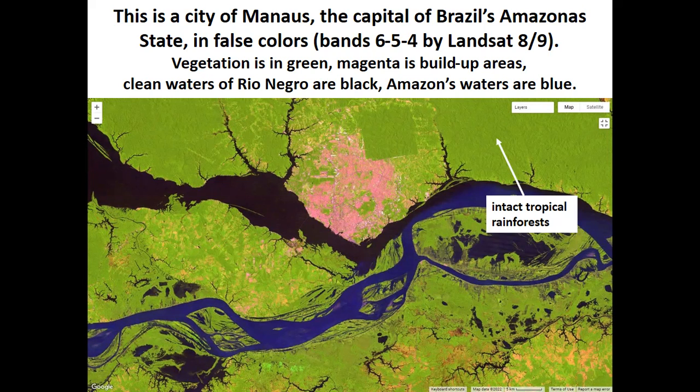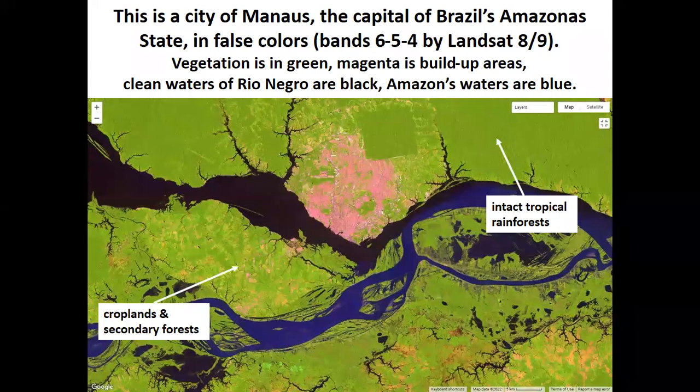For example, this bright or darker green is an intertropical rainforest. And croplands and some secondary forest you could usually see as a lighter green, or sometimes even as a green and yellow combination, a mixture of green and yellow spots.